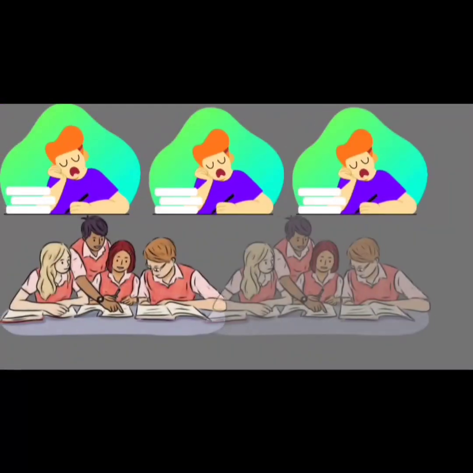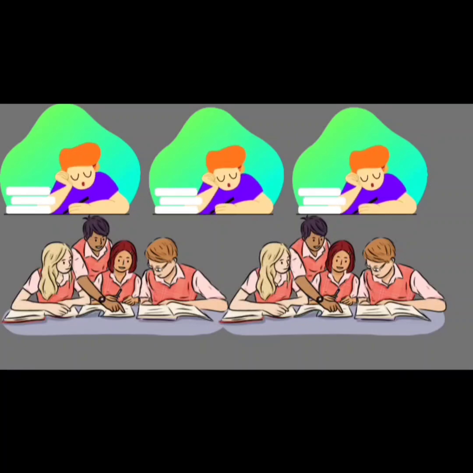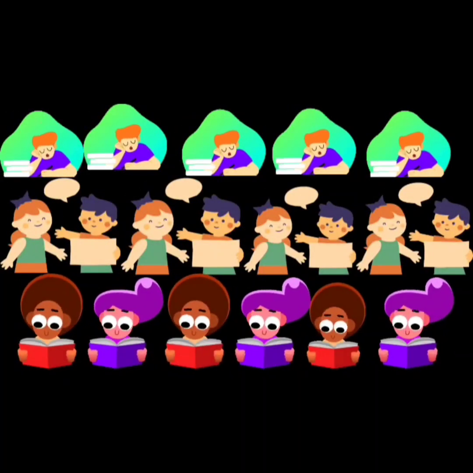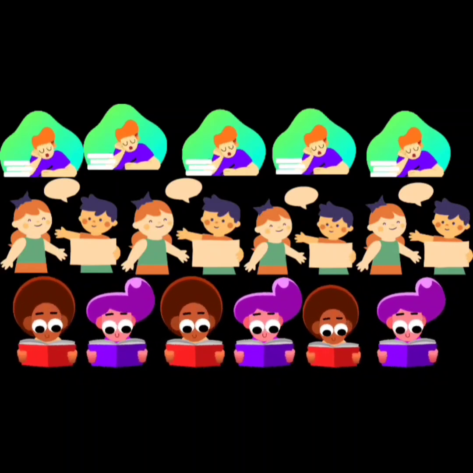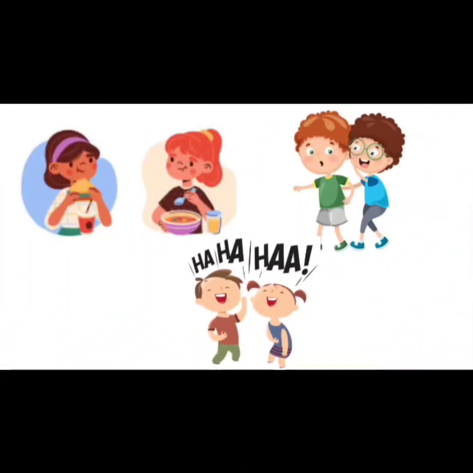And number 6. Talkative faces. They are found mostly in the middle rows. Their work is to constantly talk and disturb others in the class. You will find them eating something, gossiping, laughing, basically busy in their own world.